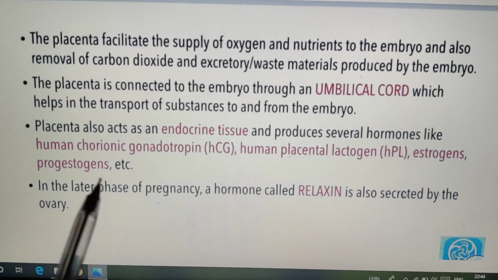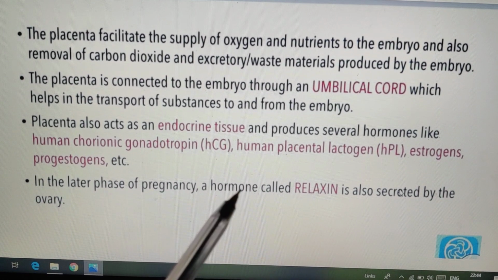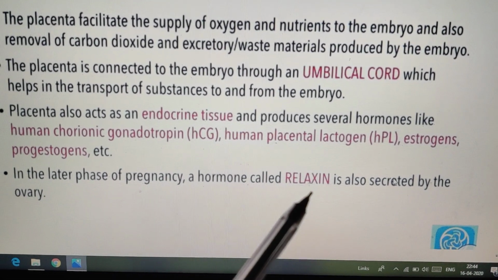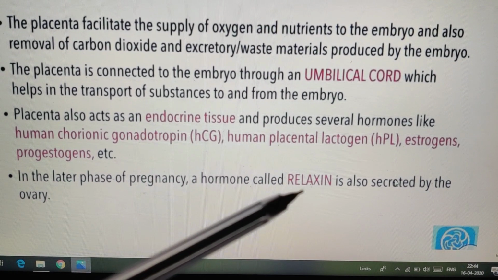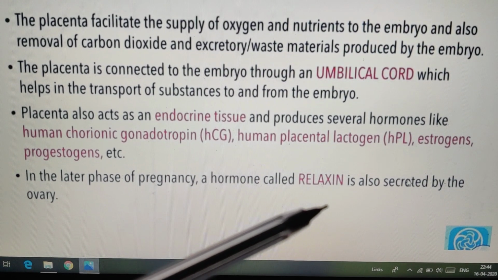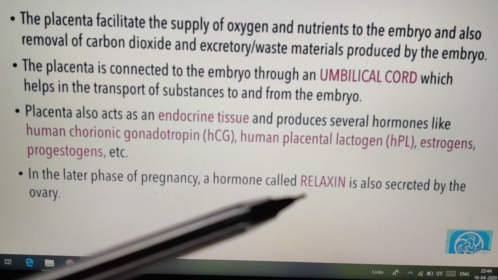And in the later phase of pregnancy, a very important hormone called relaxin is secreted by the ovary. The function of this relaxin is to loosen the muscles for easy parturition.